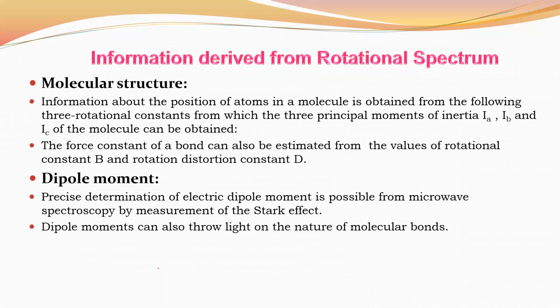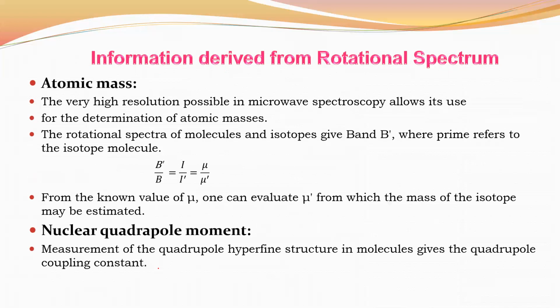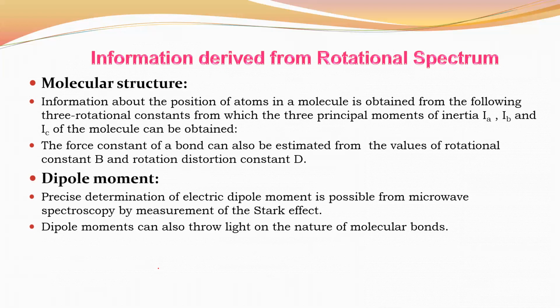Okay, there are four different pieces of information that can be obtained directly from the rotational spectra: molecular structure, dipole moment, atomic mass, and nuclear quadrupole moment. Okay, then what values can be obtained as the molecular structure?